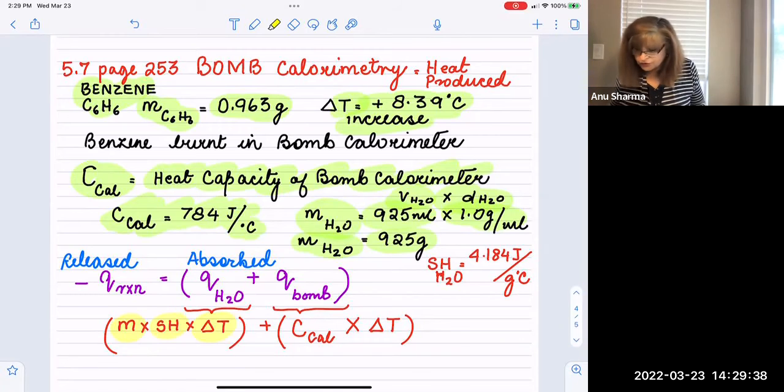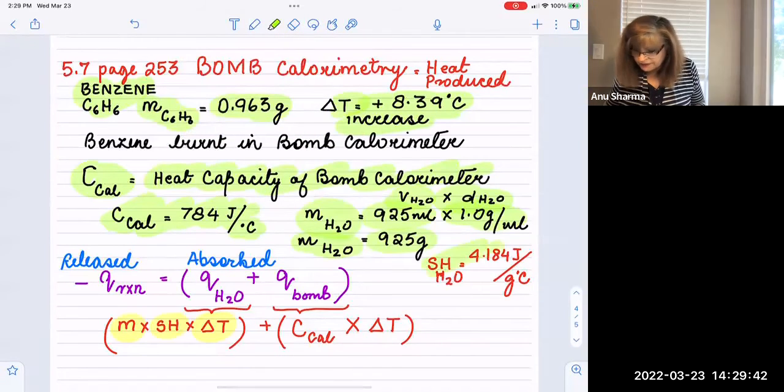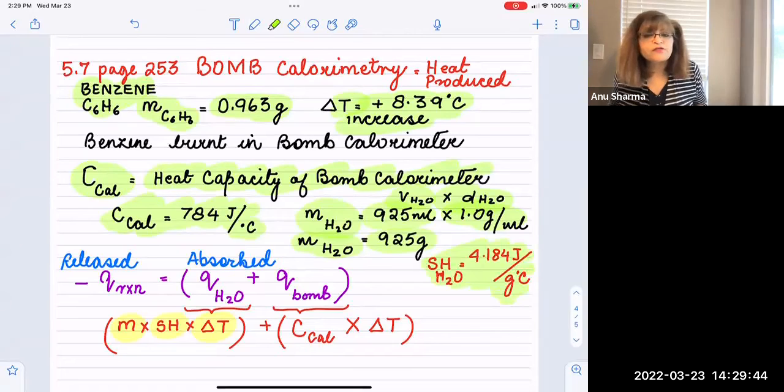So we are also going to use the specific heat of water, which is 4.184 joules per gram degree Celsius. We already know the delta T value. And here we are also now adding the heat capacity of the bomb calorimeter, which is given to you, 784 joules per degree Celsius. So let's calculate this now, putting these numbers.